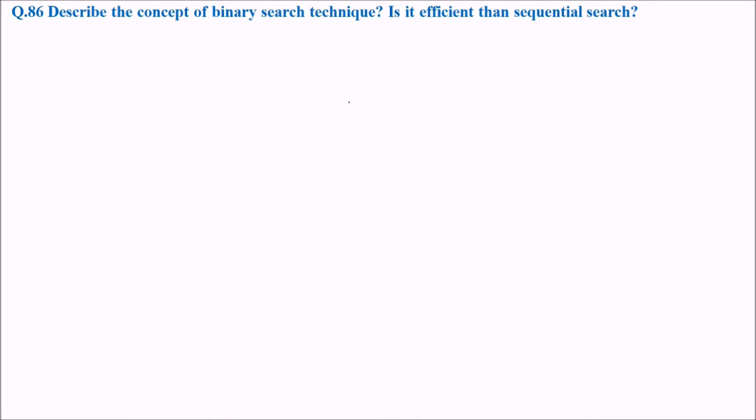Describe the concept of the binary search technique. Is it more efficient than sequential search? The binary search technique is a way of searching in which, first of all, the sequence has to be sorted. We take the middle value and search for it. Otherwise, depending upon whether the value in the middle is greater than the value to be searched, the algorithm takes the left or the right part.